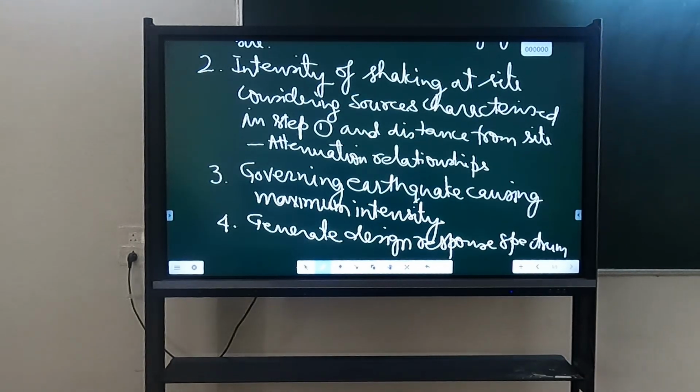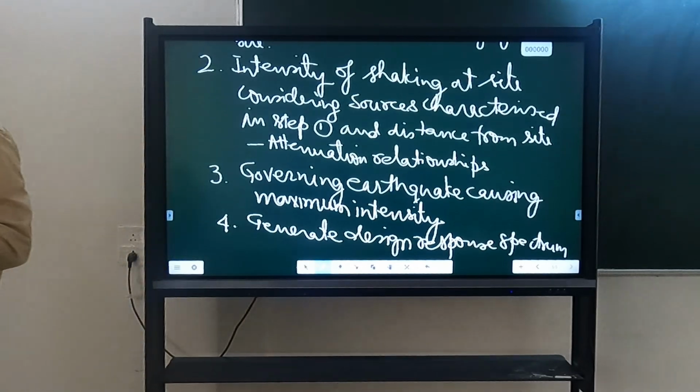Now, step 1 we have discussed yesterday, how to calculate magnitude corresponding to a fault. One way is looking at the length, area or displacement if that information is known. The other way is estimating the magnitude of all the past earthquakes which have occurred. So based on that also I can predict what maximum earthquake can be generated.